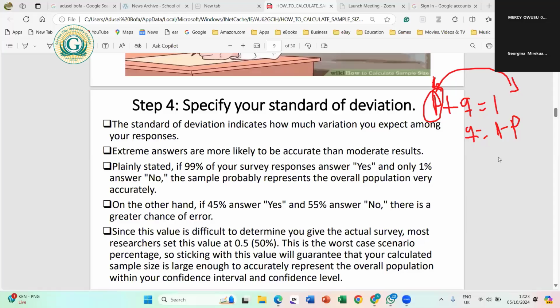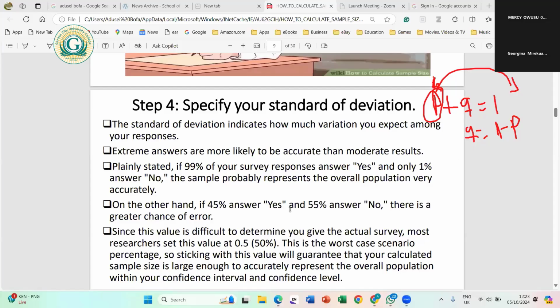And then I made mention of margin of error. I said the margin of error, you, the researcher, have to set it on your own. It is the error that you, the researcher, are willing to make. Let's say you say, I'm making room for 10% margin of error.